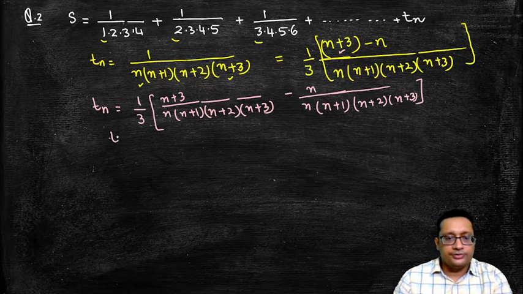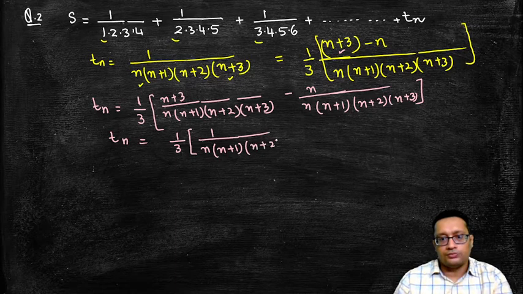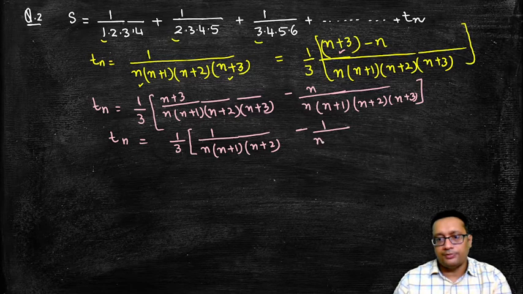So Tn becomes 1 by 3, 1 upon n, n plus 1, n plus 2, minus, this gets cancelled, and this becomes 1 upon n plus 1, n plus 2 and n plus 3.